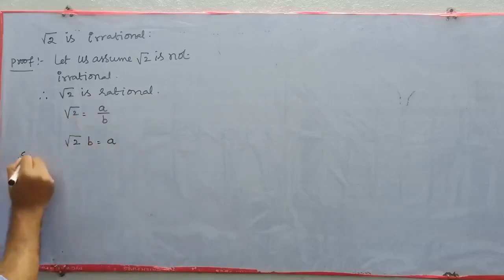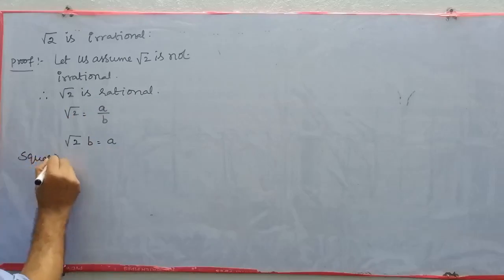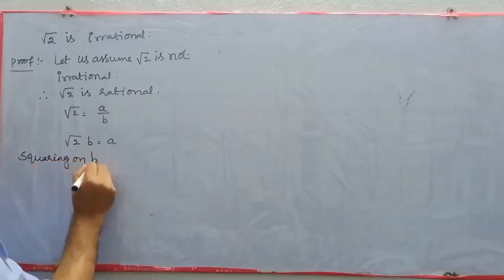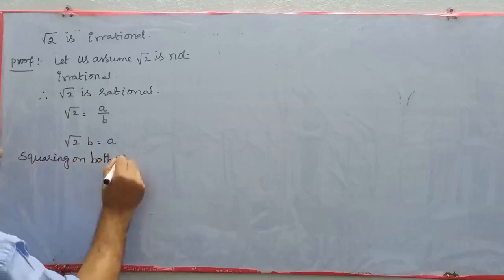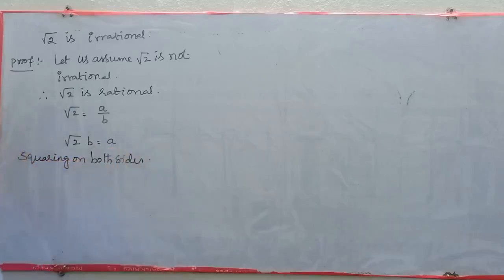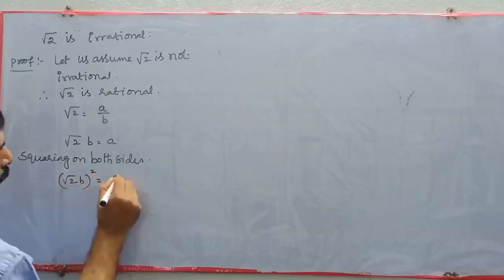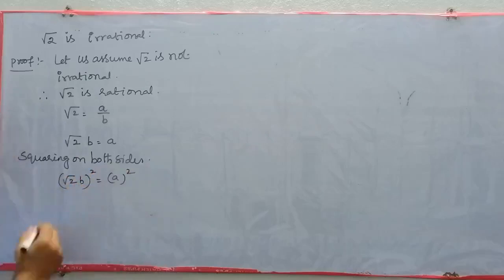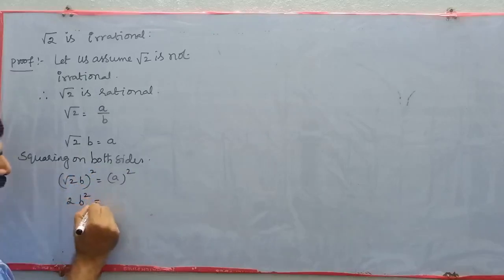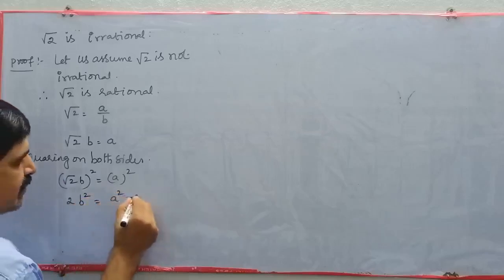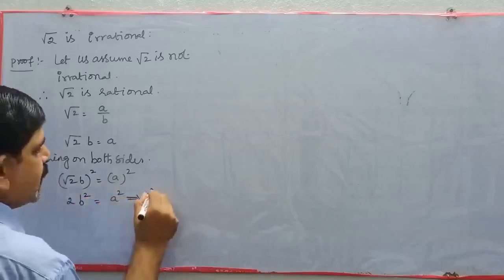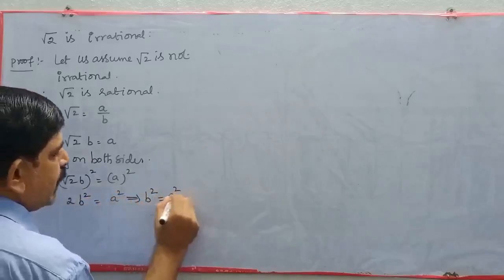Now squaring on both sides, then root 2b whole square is equal to a whole square. So it becomes 2b square is equal to a square. From this we can write b square is equal to a square by 2.